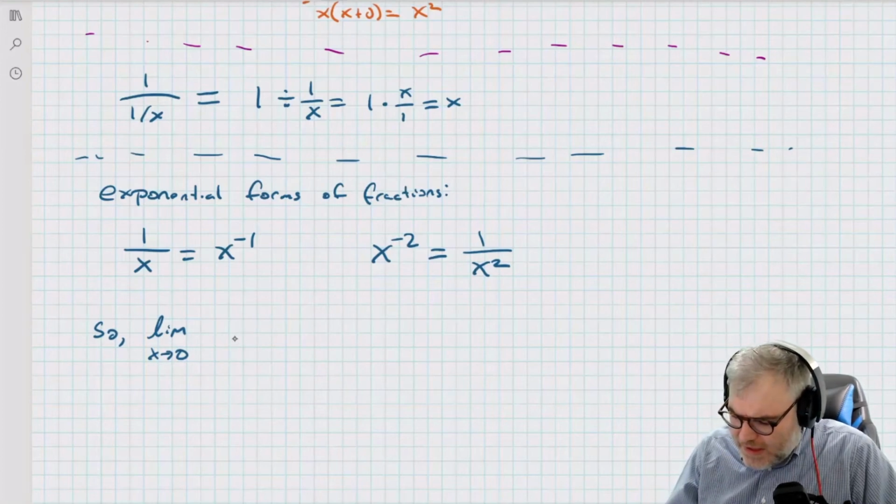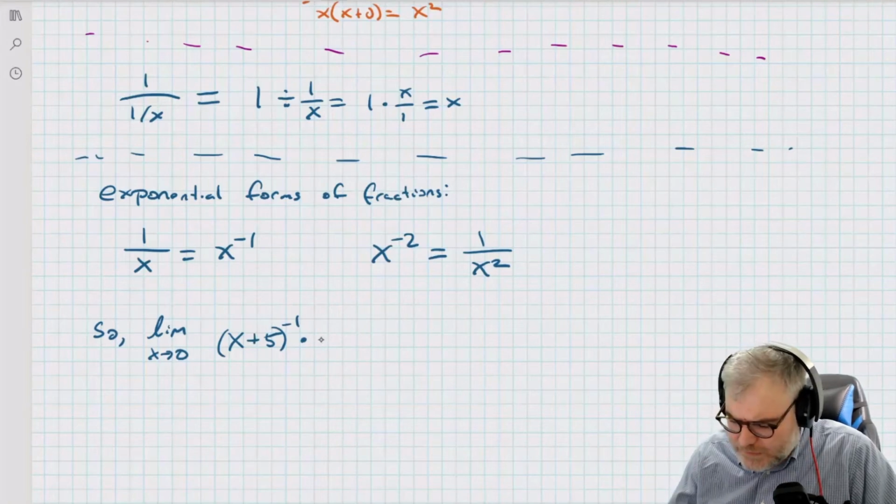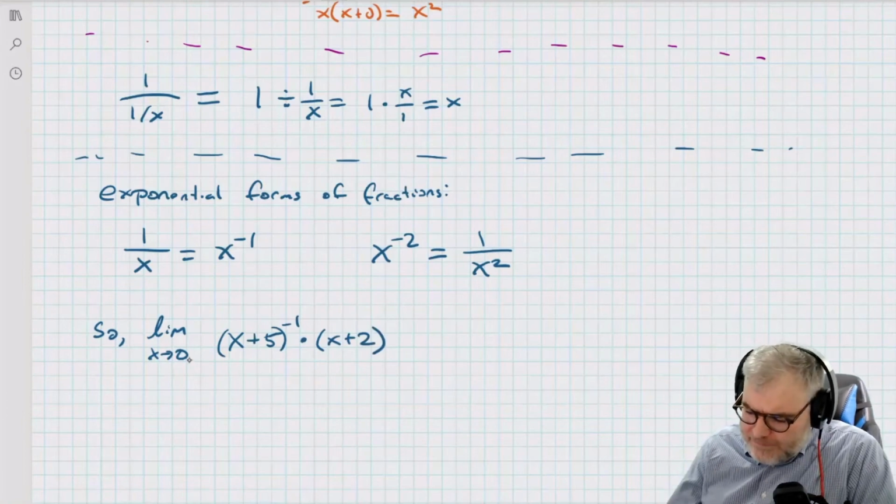So this would be x plus 5 to the negative first times x plus 2. Okay? And let's make it go to infinity.